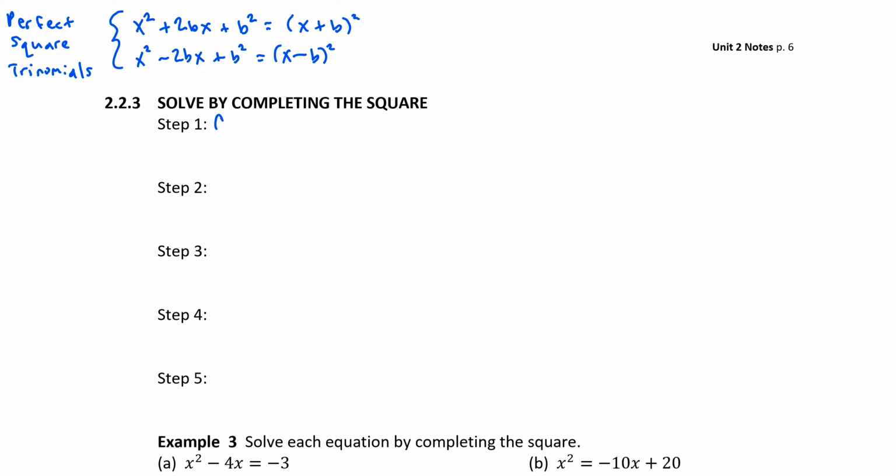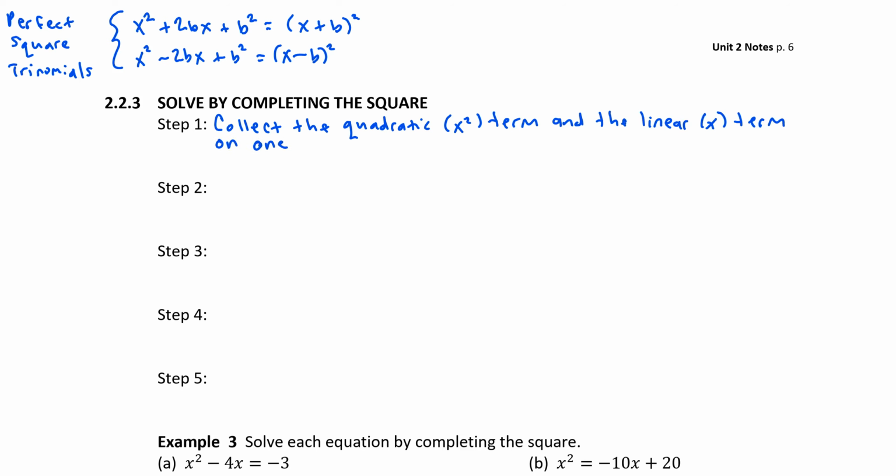So step one, we're going to collect the quadratic, that's a fancy word for the x squared term, and the linear term, linear is fancy for the x term, on one side, and the constant, that's the number, on the other side.